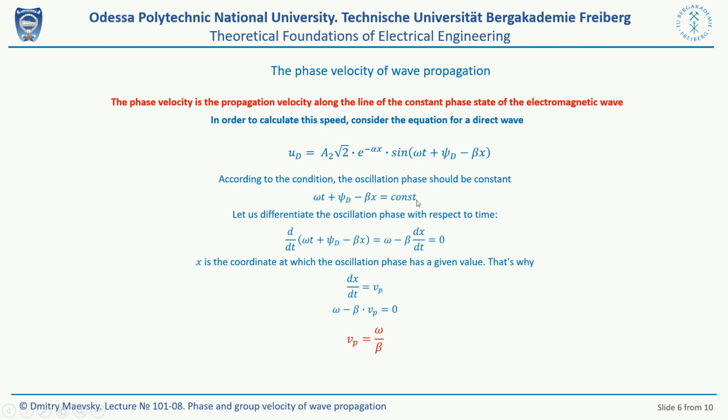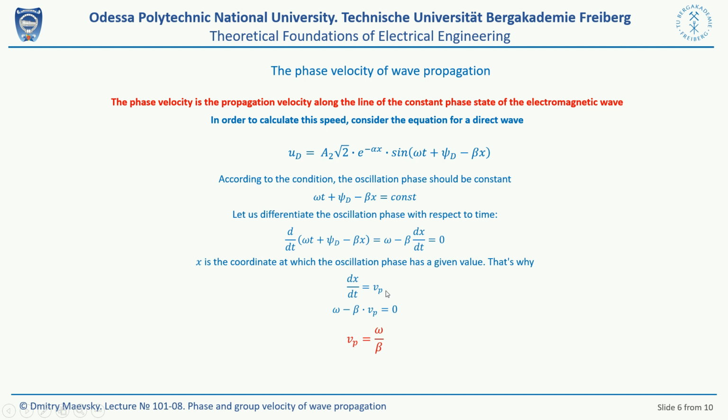Note that the phase can have any value, but this value doesn't change over time. And the derivative of a constant value is zero. In this formula, the derivative dx with respect to dt is the phase velocity.